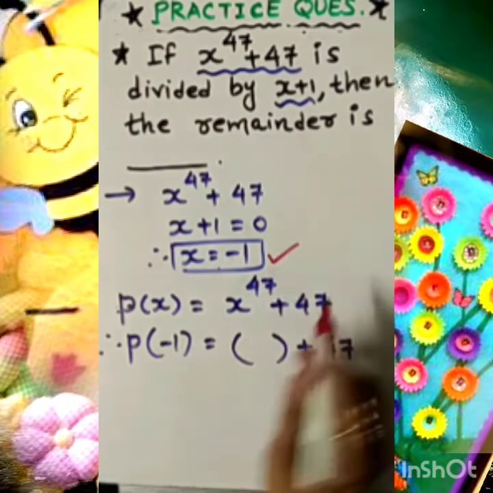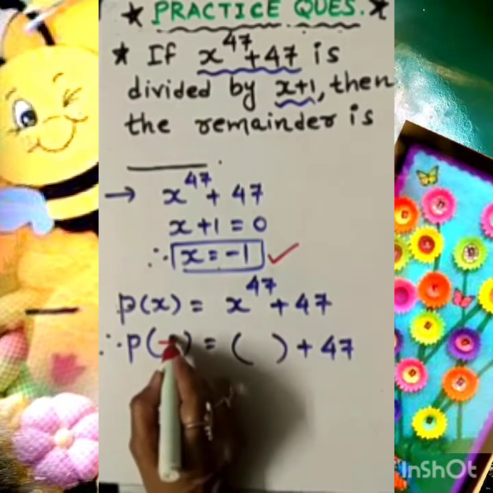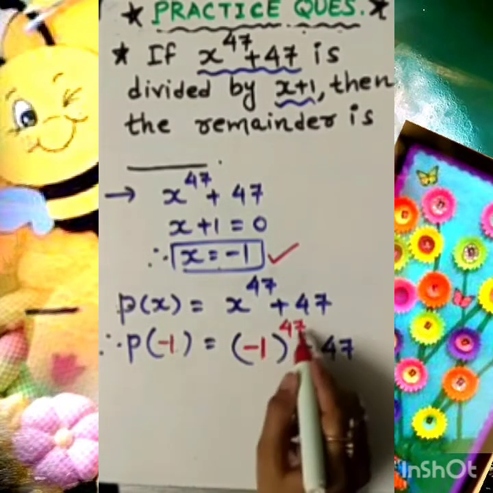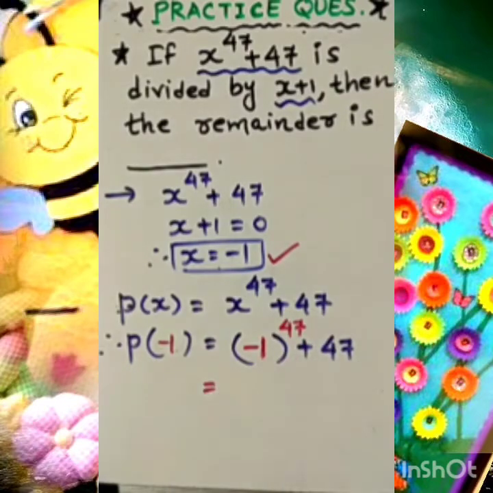Now minus 1 has power 47. Some students will be confused about how to calculate this, because multiplying minus 1 into minus 1 47 times would be quite a lengthy procedure.